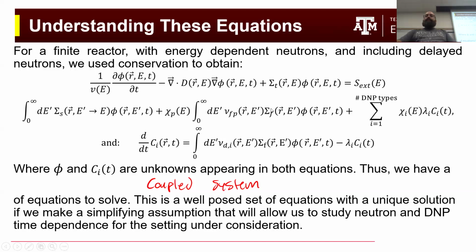So this is going to be our starting point from which we will try to understand the impact of delayed neutrons on our system. And we can make progress on this. We're going to make some simplifying assumptions to get a better understanding of this problem. And that's what we're going to do next.